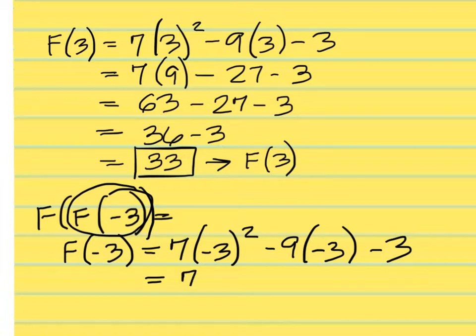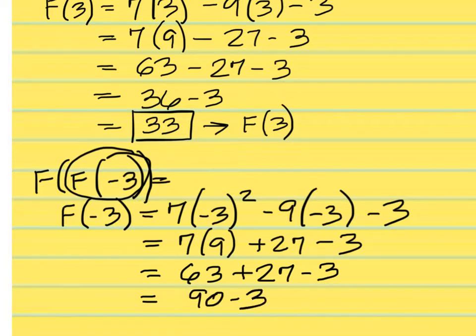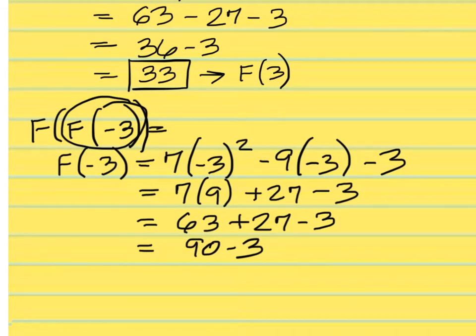That's going to give us 7 times 9 plus 27 minus 3. So that's 63 plus 27 minus 3. 63 plus 27 is 90. So take away 3 and you come up with 87. This is not a final answer. It is only the first part of the second evaluation.